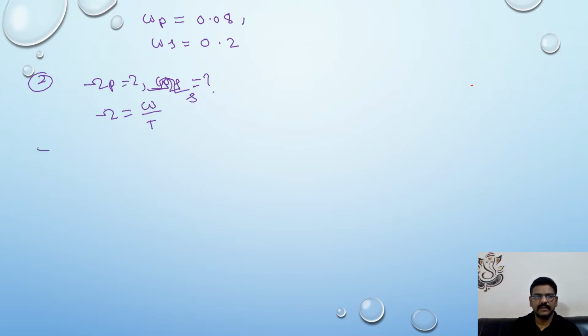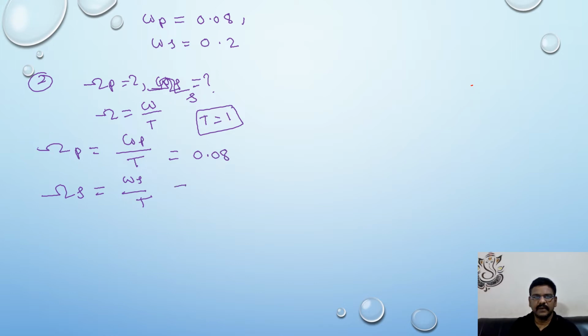From this, I can write omega p is equal to capital omega p times T, and in the same way omega s is equal to capital omega s times T. For simple calculations, let us assume T is equal to 1, right? Then omega p is equal to 0.08 and omega s is equal to 0.2. So now I have my omega s and omega p to design H of s, that is the analog transfer function, right?